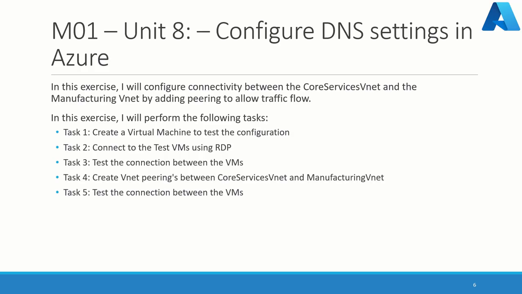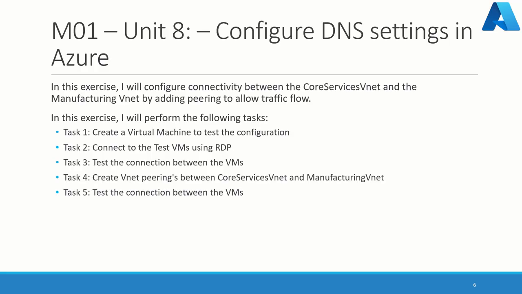Remember in exercise 1, that is Module 1 Unit 4, I deployed 3 virtual networks and their subnets. Then in exercise 2, where I configured the DNS, I also deployed 2 virtual machines, test VM1 and test VM2. And those 2 virtual machines are connected to the CoreServicesVnet.